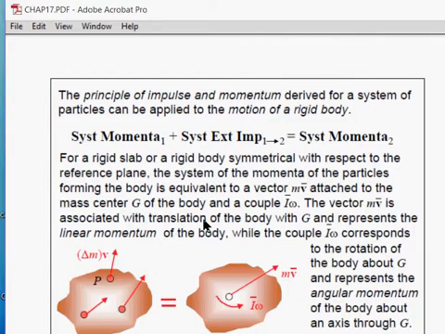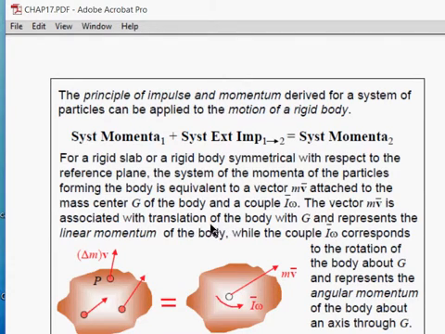So a great deal of problems can be solved by applying this basic principle. What we are saying here is that the summation of the forces acting on the body equals the two resultants of motion.